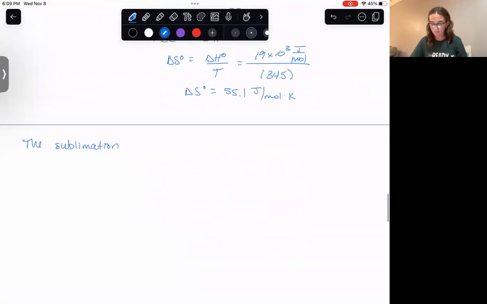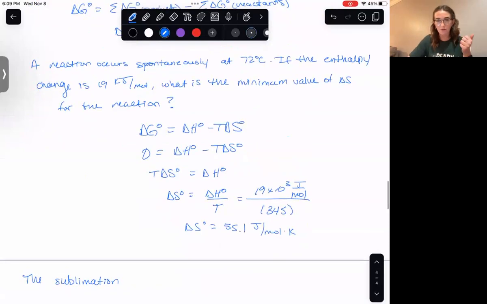Yes, so any value above 55.1 would make it spontaneous. So you could have 56, 57, anything like that, or jump it up even higher. Sorry, let me explain that differently. This would be the delta S for the reaction. At any temperature higher, we're going to have a spontaneous reaction.